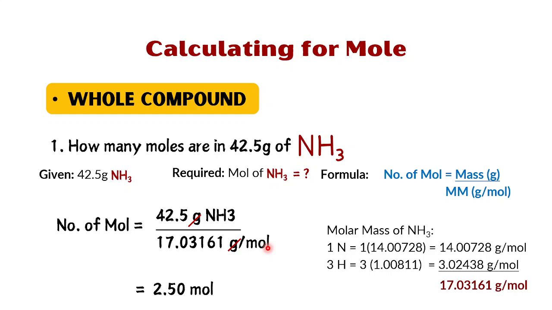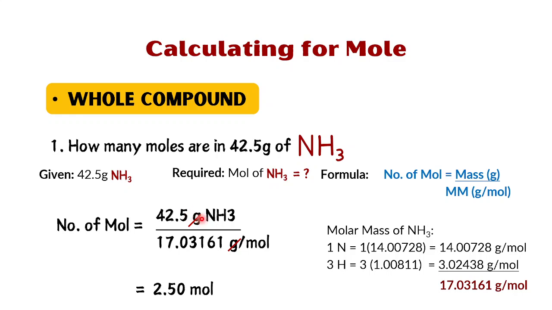Now, this is how we calculate the number of mole of this particular ammonia. We cancel out the unit grams because it is in the numerator and also in the denominator. Of course, it should cancel out because we are after the unit mole.